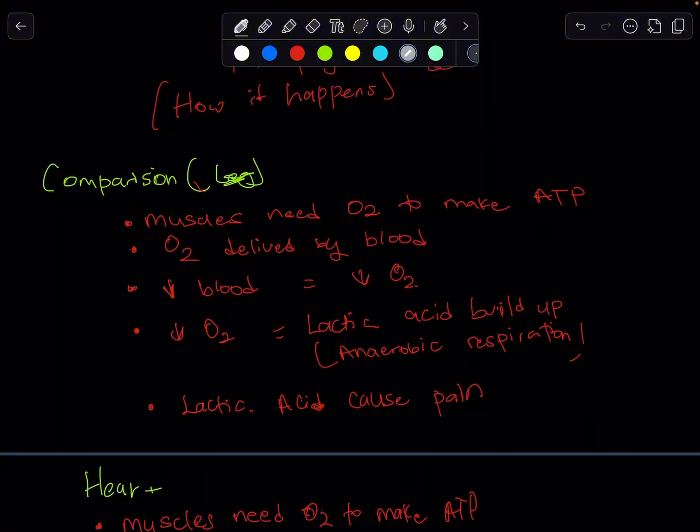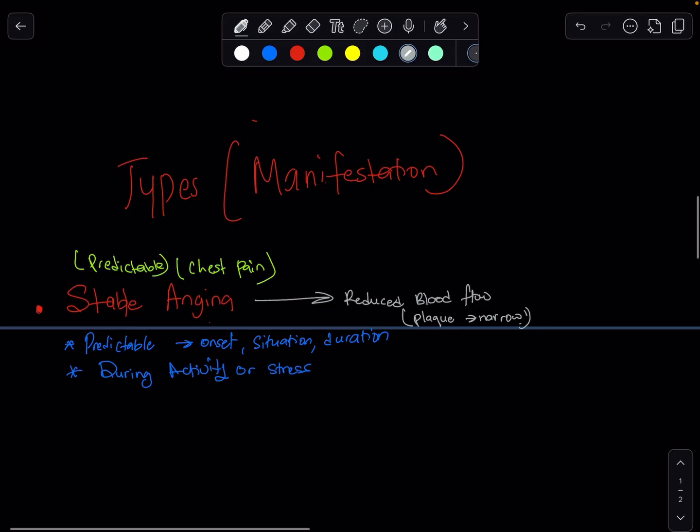If lactic acid buildup occurs, then what? It causes pain. And that's exactly how chest pain occurs. Because there's reduced blood flow. Reduced blood flow reduces oxygen, which reduces... You get the point. So it causes lactic acid buildup, which causes the pain. That's pretty self-explanatory, right? And we know it can be relieved by nitrates. Nitrates just open the vessels and relax them, so that in turn increases the blood flow.